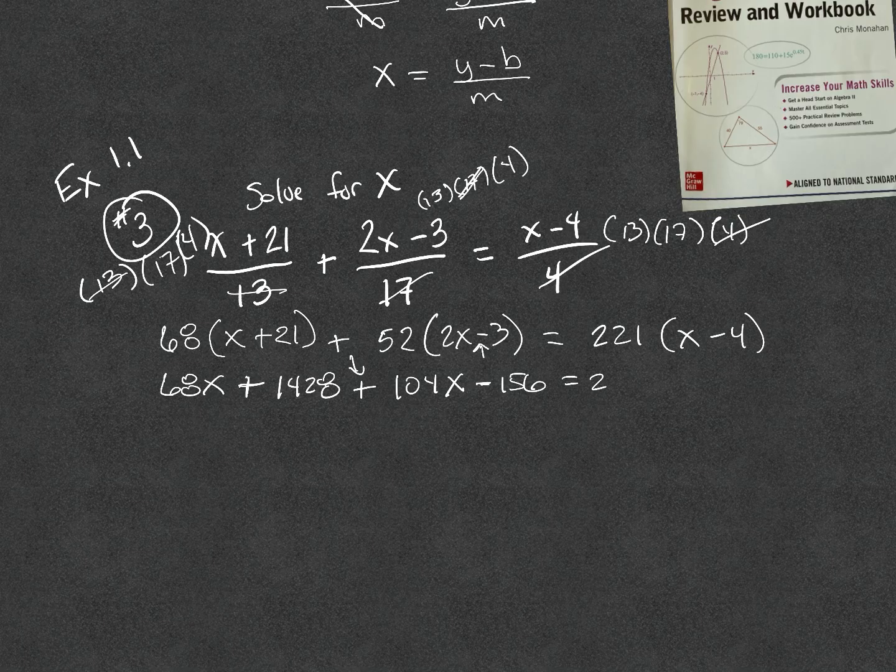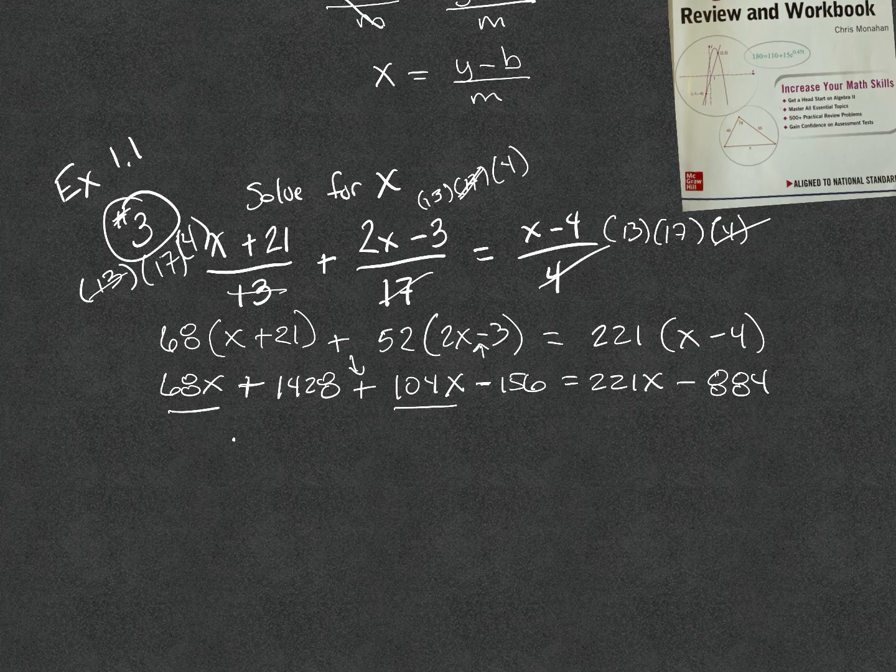And we get to 221x, and then 4 times 221 is 884. Now comes time for the simplification. We have this term, this term. That can be simplified on the left.